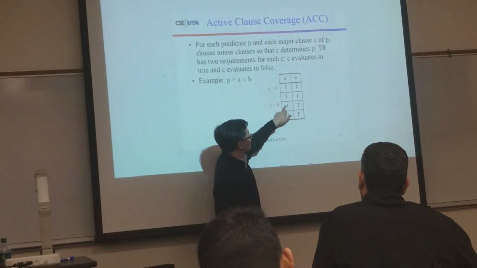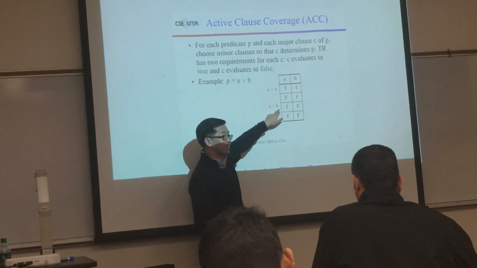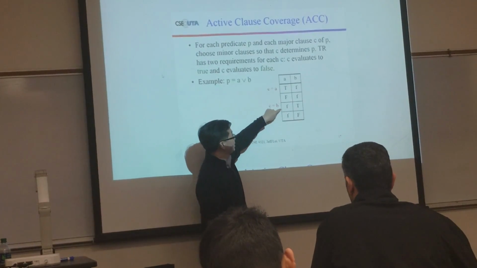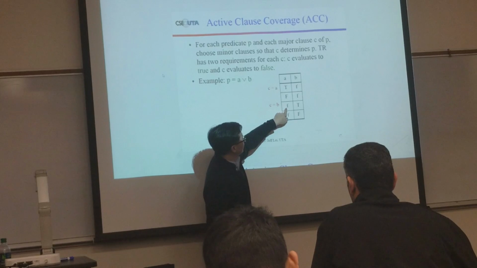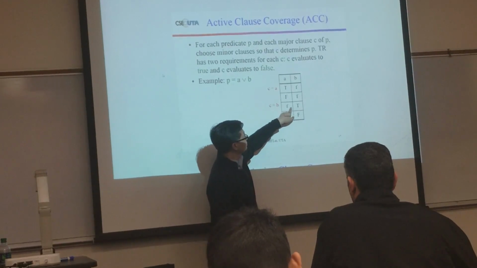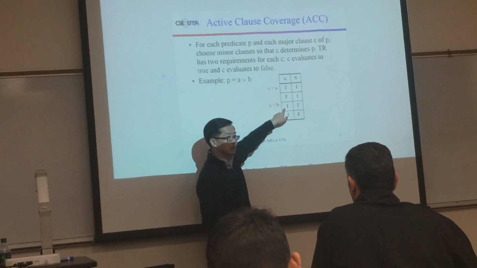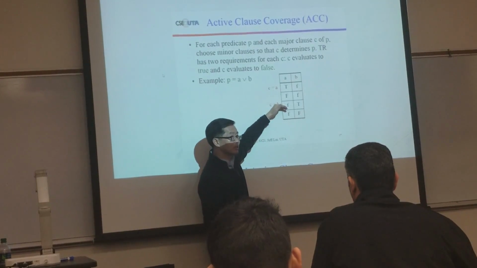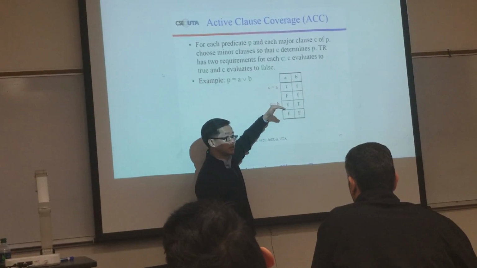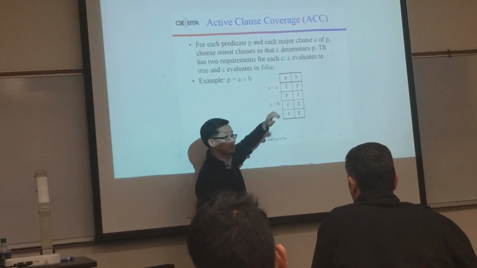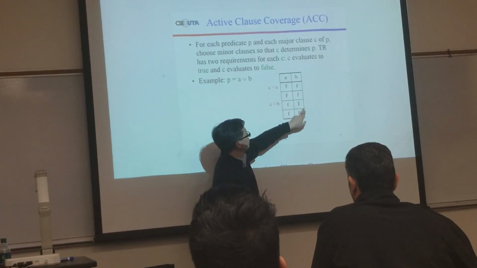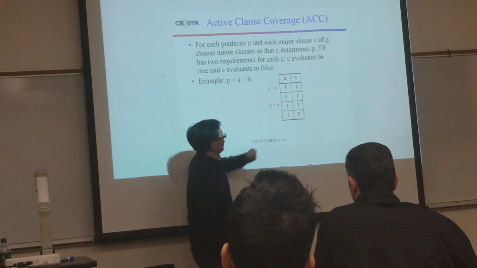So this one, in this test case, we cannot consider because this one is not active. We have to test the clause in the test case in which the clause is active. So if it's true, then this is not active.